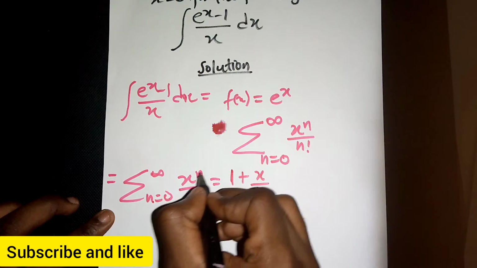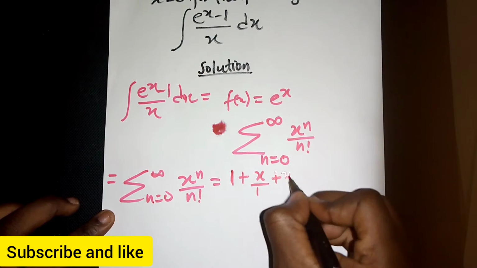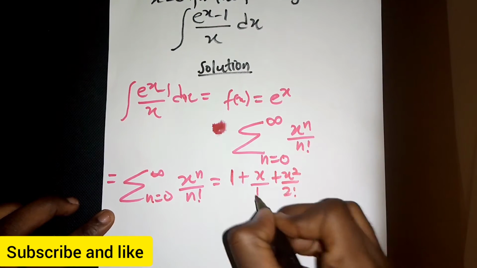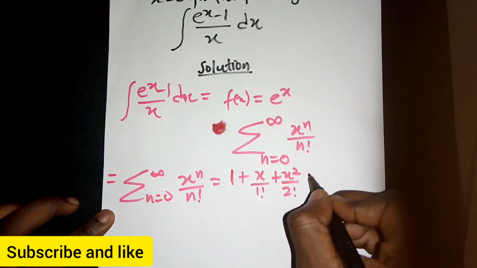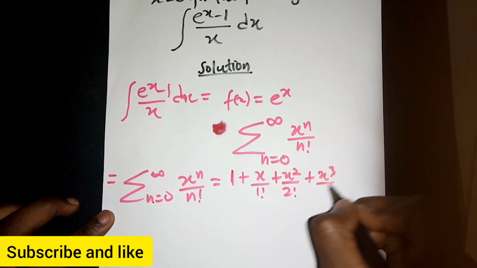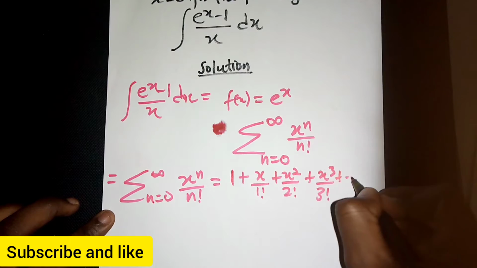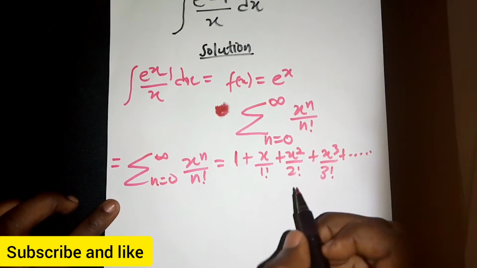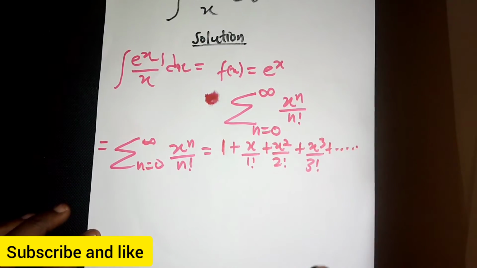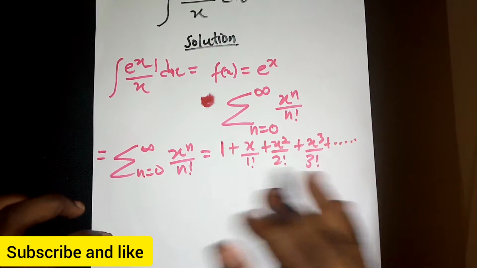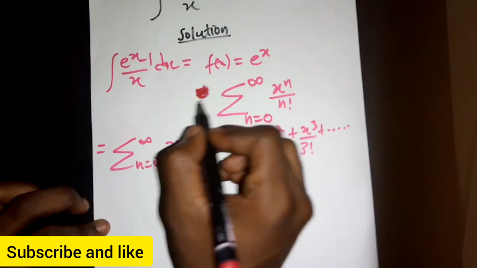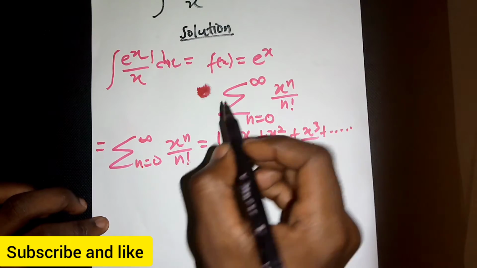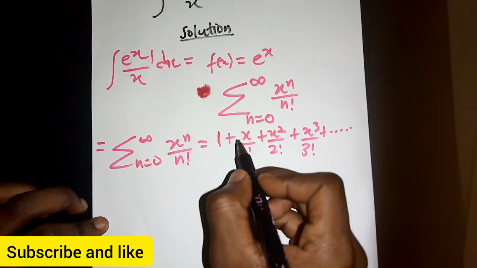When n equal to 2, we have x squared over 2 factorial. Then the next one, x cubed over 3 factorial, and it goes on and on. So we have this as our series.